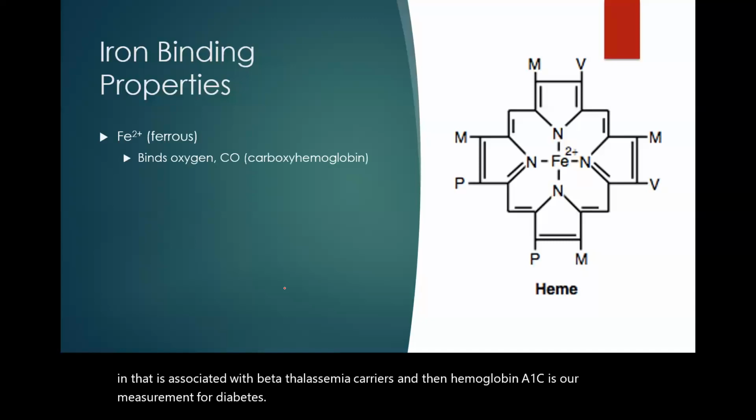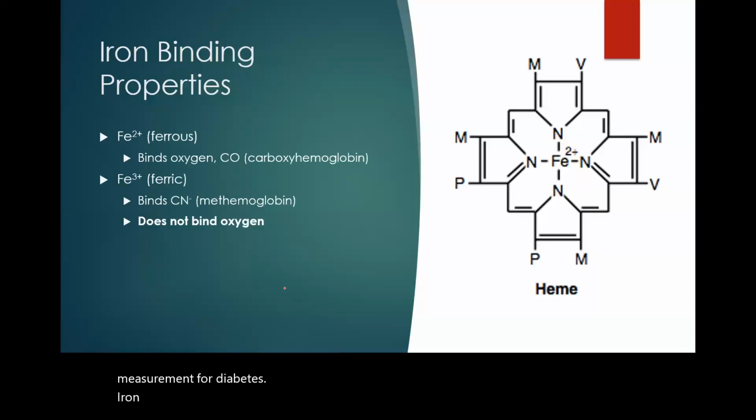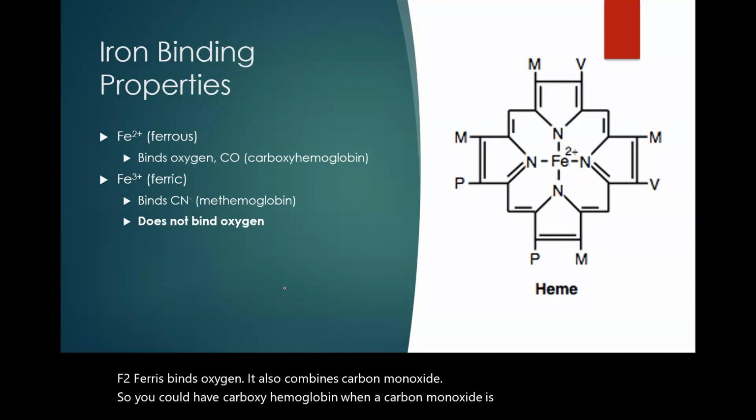Iron binding. So we have 2 different forms of iron, ferrous and ferric. Ferrous is Fe2, ferric is Fe3. Fe2, ferrous, binds oxygen. It also can bind carbon monoxide. So you could have carboxyhemoglobin when a carbon monoxide is bound instead of an oxygen. That's not so good.